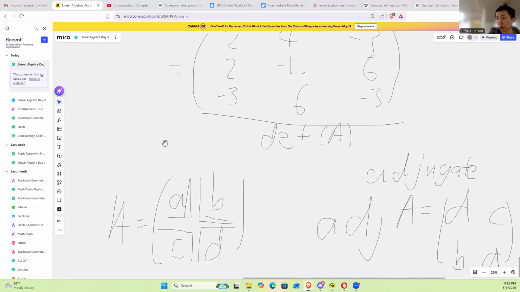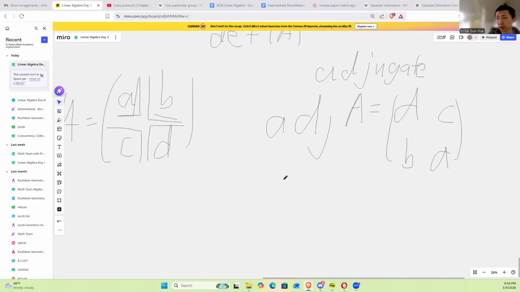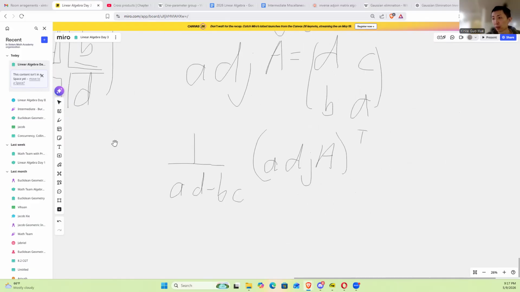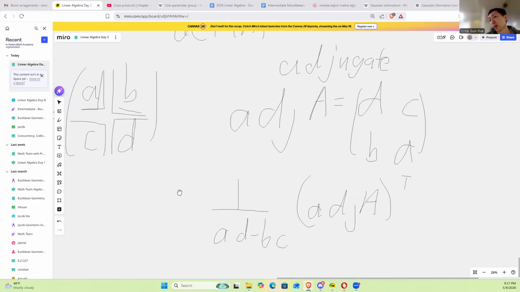So now we take the transpose of this and we multiply by 1 over the determinant of A. The determinant of A is AD minus BC. So the adjugate of A is this matrix transposed. Sorry, the sign matrix here is plus minus plus minus.